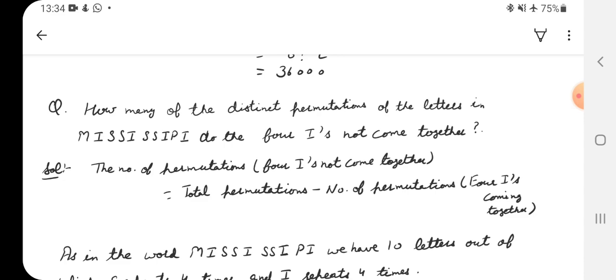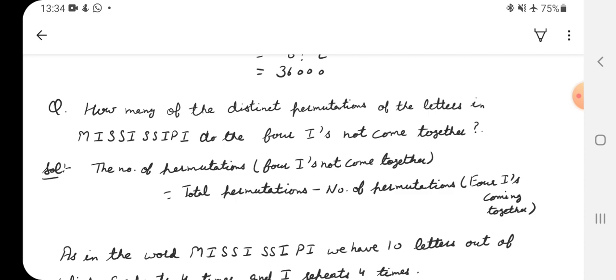We will take the number of permutations with I's together and subtract it from the total number of permutations. Now the total number of permutations here will be the number of letters factorial upon the factorials of the numbers in which the letters are repeating.